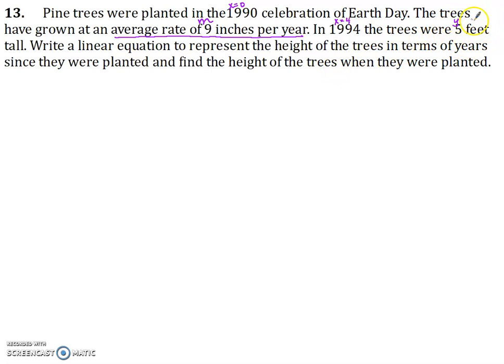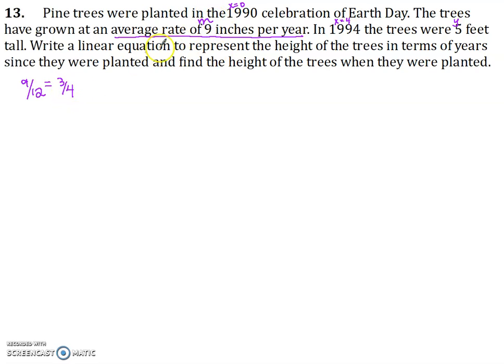If you change the feet to inches, you would do 5 times 12. Or if you change the inches to feet, which I'm going to do because it keeps the number smaller, you divide by 12. This is 9 out of 12 inches, so that makes my rate 3/4. So make sure your rate matches the height.